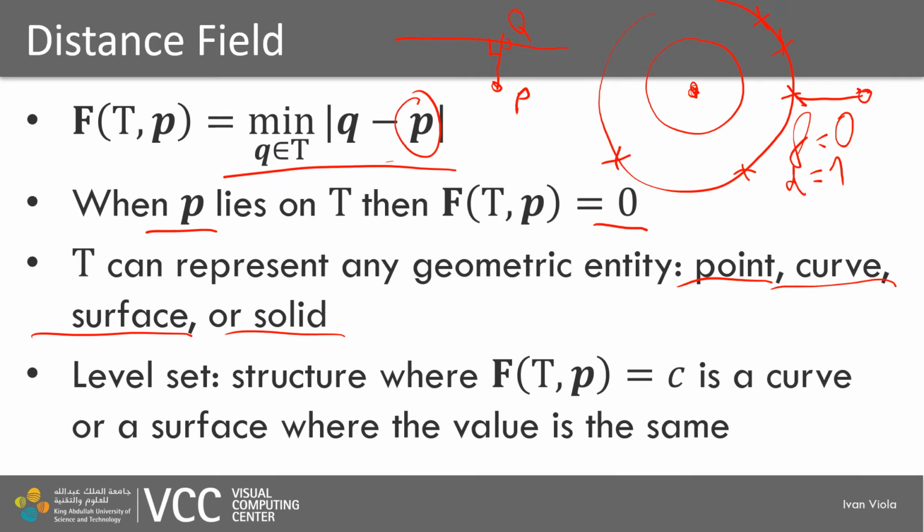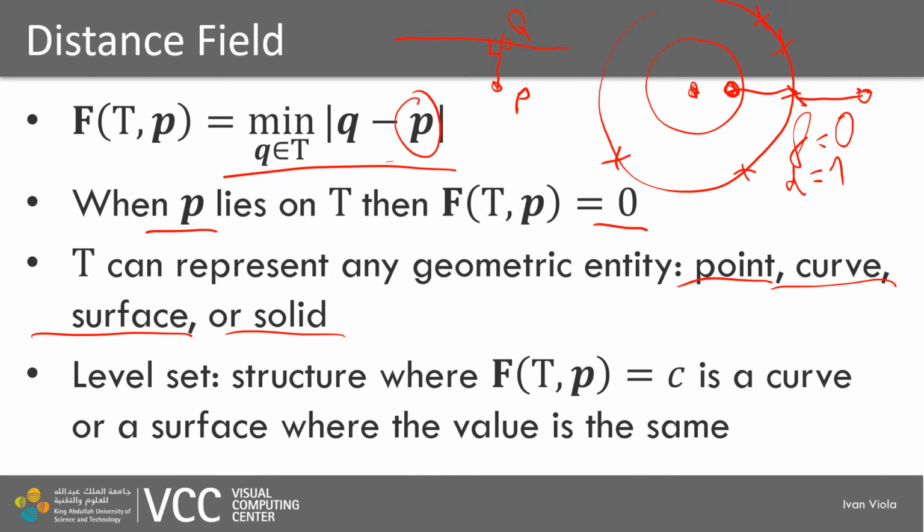Now, if we have a point inside of this surface, let's say here, then there will also be a distance, but we often use the notion of something called signed distance. So we will have a negative distance value. This means that our point, which we are evaluating the distance from, lies inside of our implicit model.